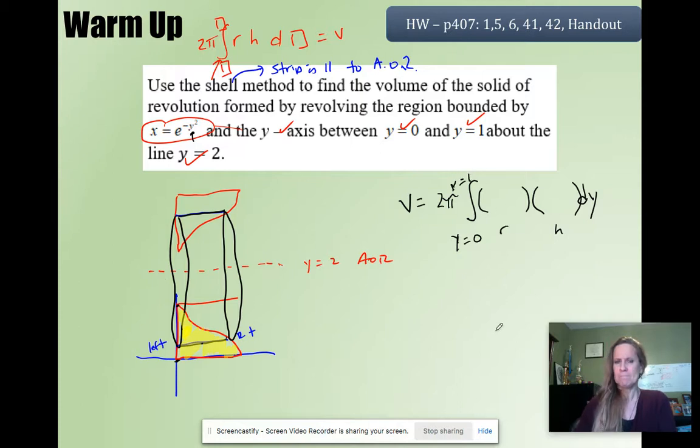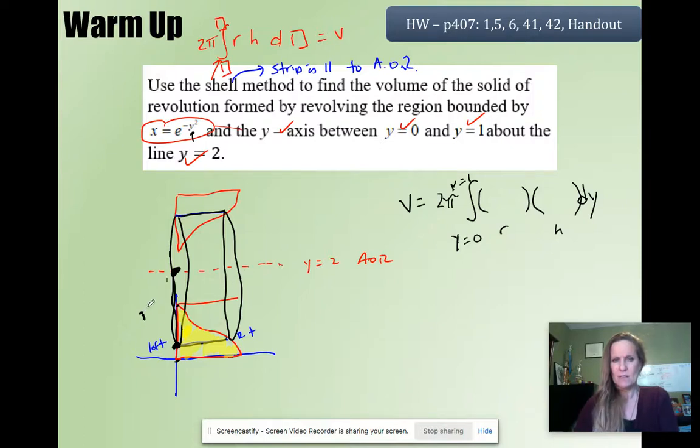At 1, right? So now let's go try to figure out the radius. The radius is always measured from the axis of rotation. So what's the radius of my cylinder? There's the axis of rotation all the way out to the edge of my cylinder. How long is that?